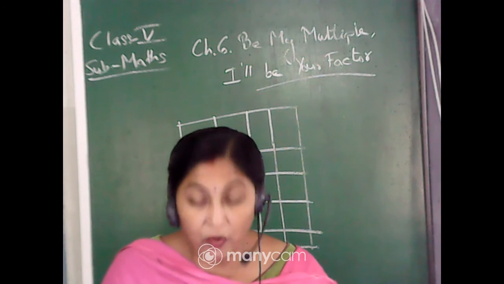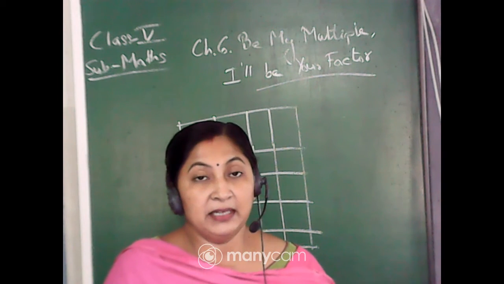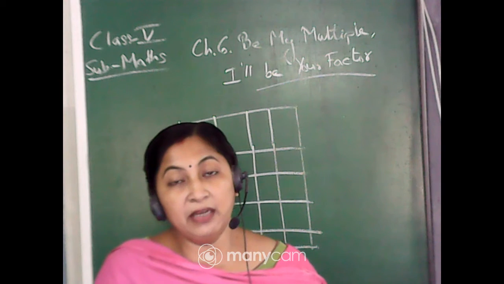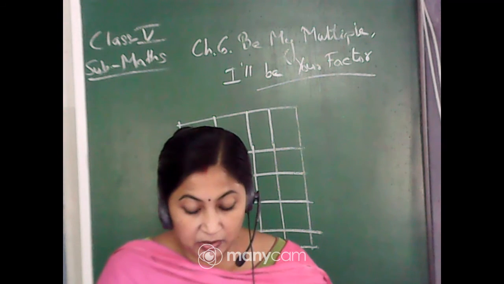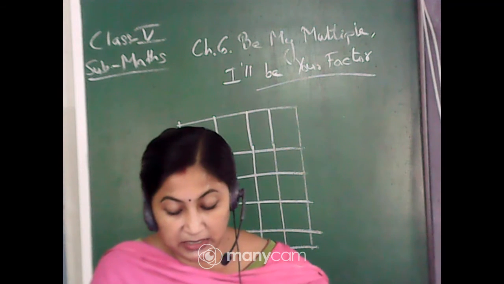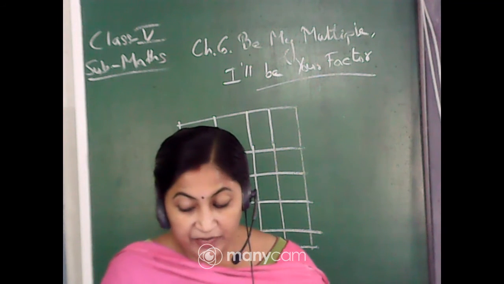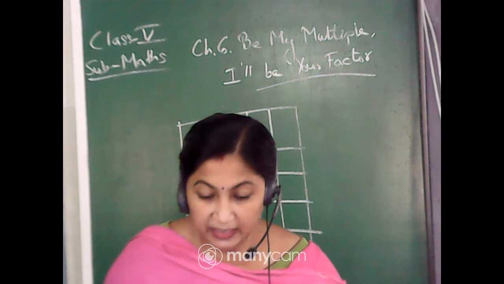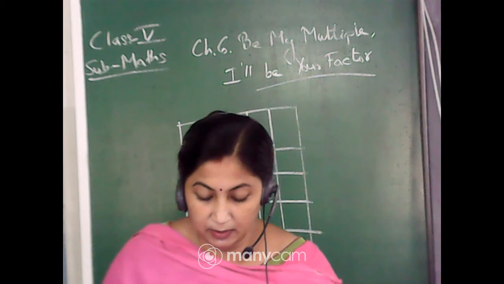Similarly for 24, that means you have to write in which tables the number comes. Suppose 18 comes in the tables of 1, 2, 3, 6, 9 and 18. Now 24 comes in the tables of how much?